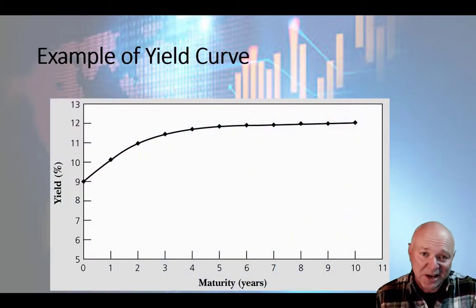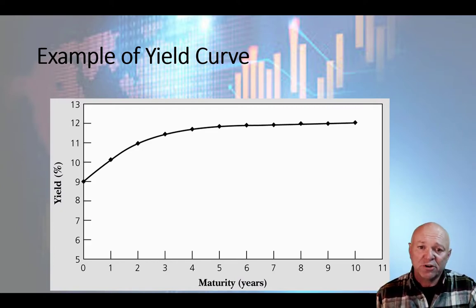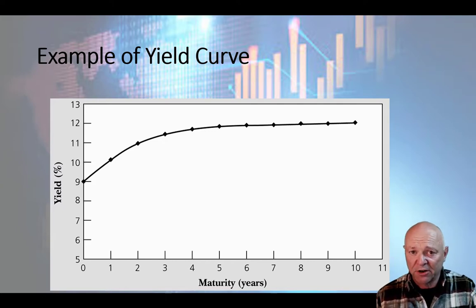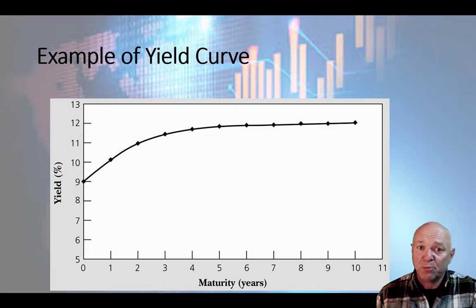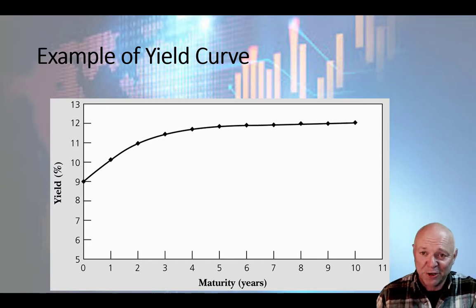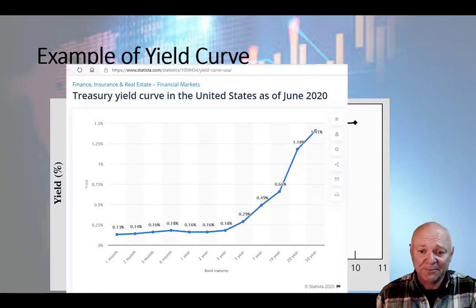Our simple example of a yield curve typically looks like this, where we have a relatively steep yield curve in the shorter time periods, for less than a year, for 1 to 2 years, for 2 to 3 years. Typically, not only is the curve upward sloping, but it's relatively steep at the very beginning, flattening out in later periods. That's not what we're seeing right now when we look at the market today.